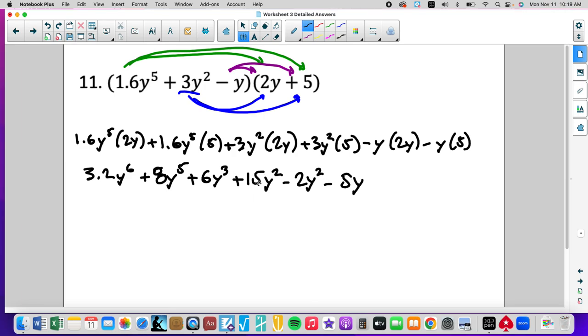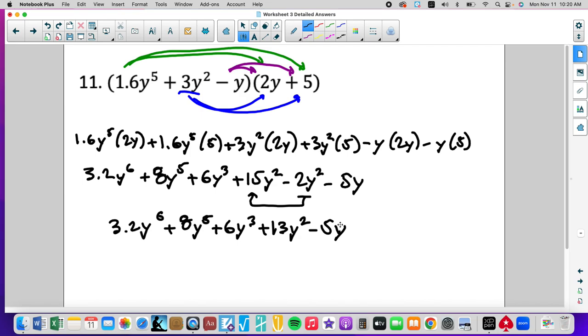Now we look to see, do we have any? Let's make sure we did this correctly. So that's y to the 6th, y to the 5th. That's y to the 3rd, y to the second, y to the second. Let's make sure we distributed. Yep, good. So there's only two like terms. That's interesting. So 3.2y to the sixth plus 8y to the fifth plus 6y to the third plus 13y squared minus 5y.